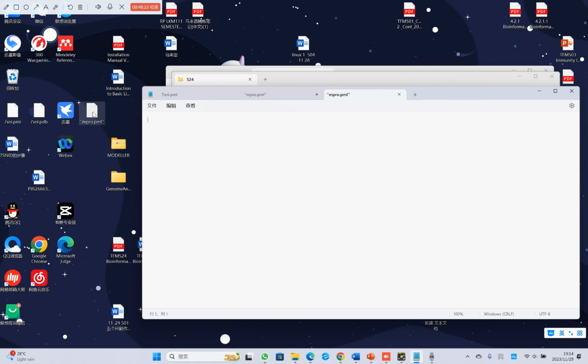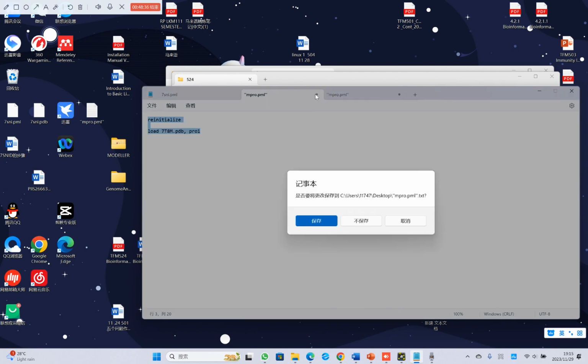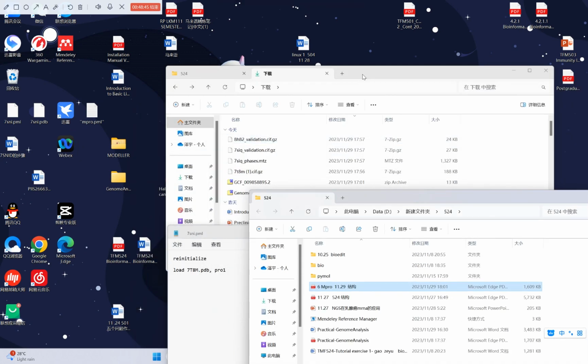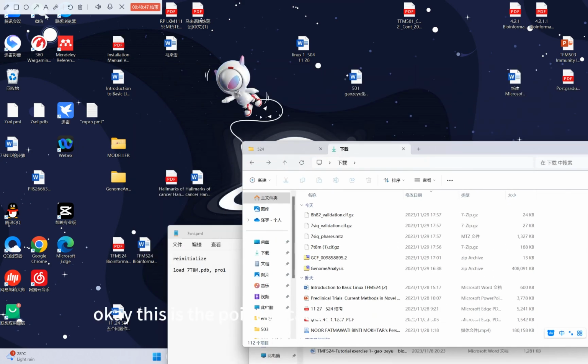Then I just put hide, or show cartoon. Then color one green and one yellow. Color yellow, change. Okay, this is the one.